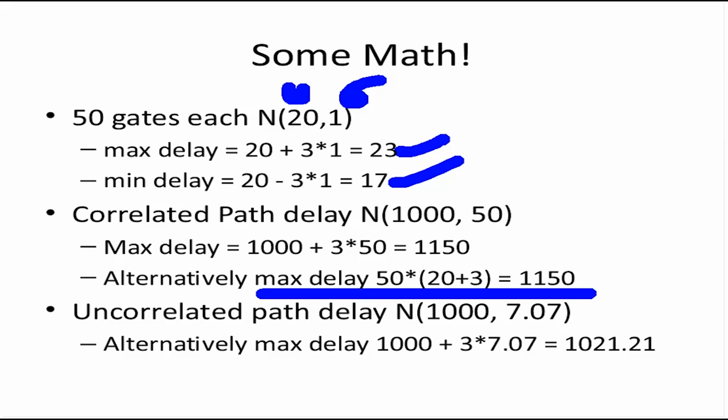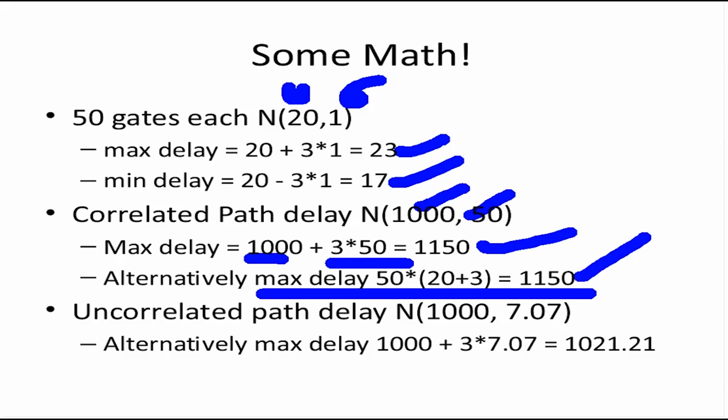Or, what is the mean value of 50 gates combined? It is 1000, 20 into 50. What is the sigma value? Sigma value simply is the addition, 50 into 1, so it will be 1000 plus 3 into 50, mean plus 3 into sigma. From both cases the value is the same. This is what deterministic STA does.